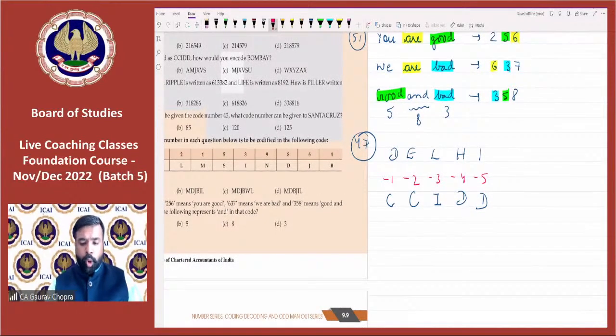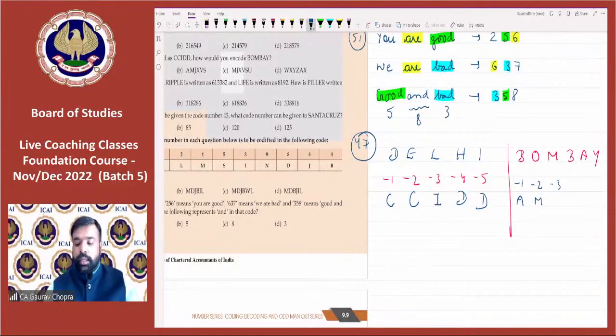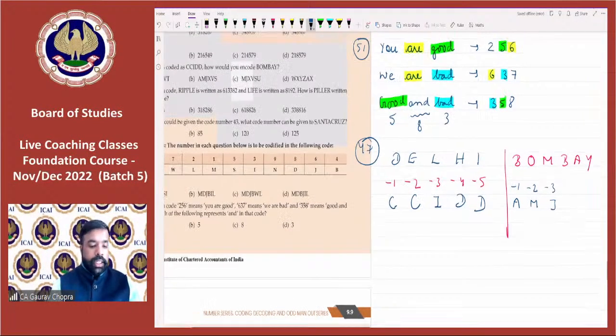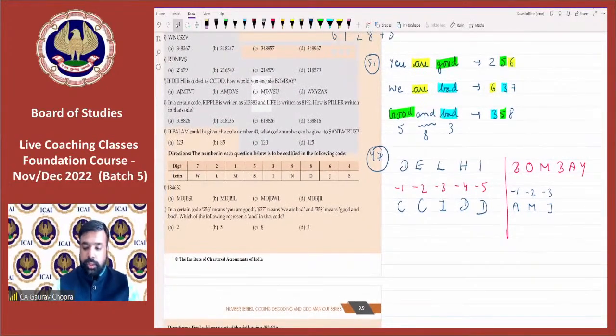Similarly, from Bombay also, we have to do the same thing. From B, we have to subtract 1, so it is A. O minus 2, so it is M. M minus 3, it will be J. Now you can check which of the following options is getting matched.